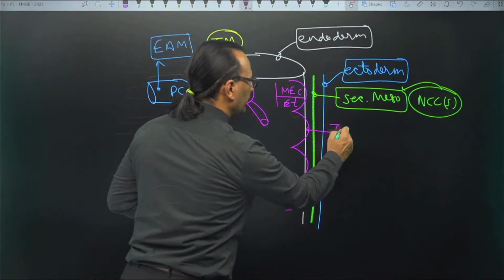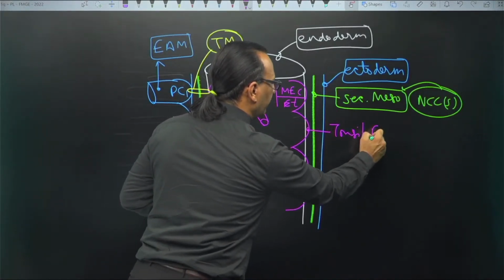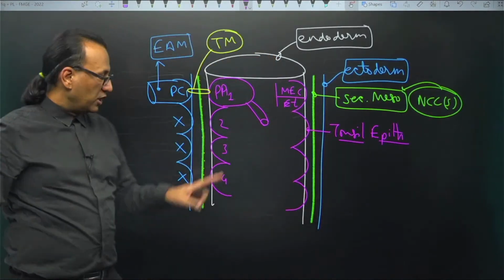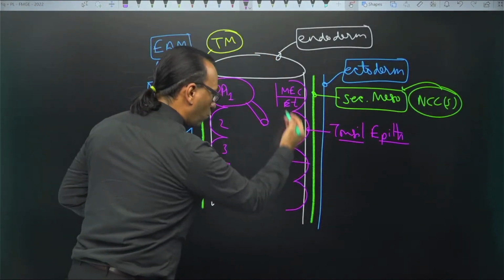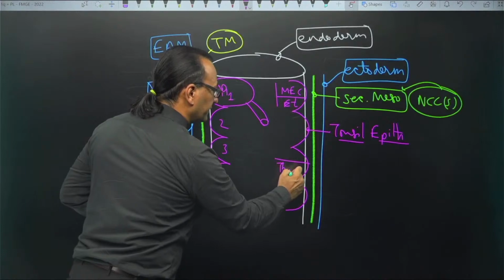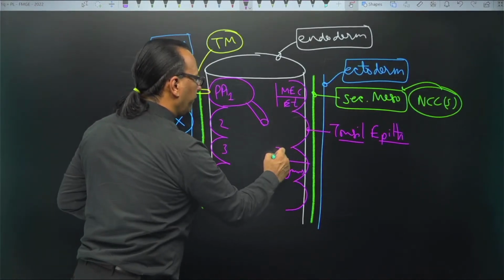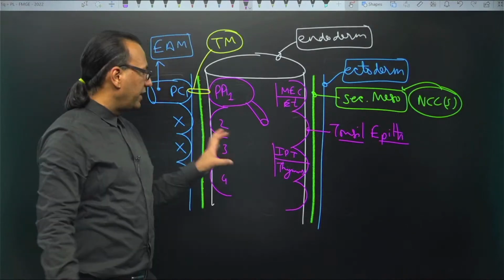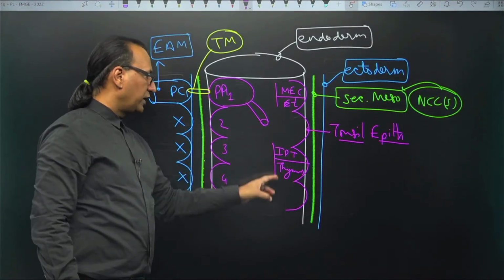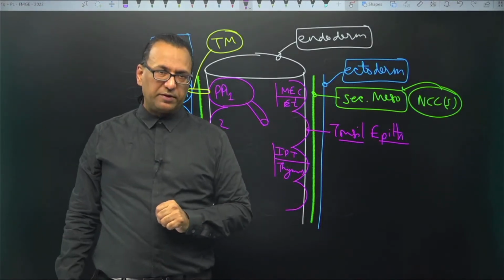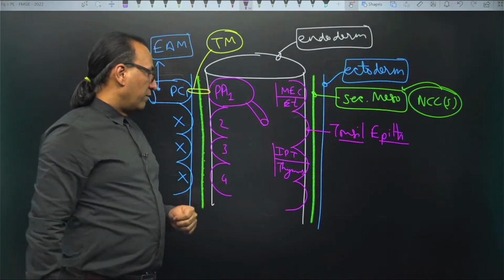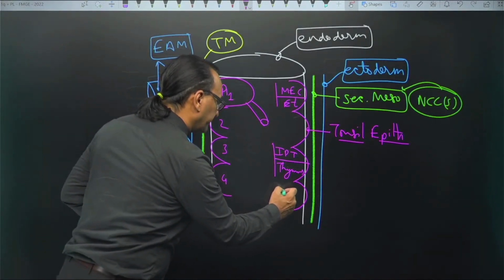We already mentioned tonsil epithelium is also endoderm and derived from pouch number 2. What about pouch 3? Pouch 3 is giving us ventrally the thymus and dorsally the inferior parathyroid. Be careful about this again, because the examiner may ask, pharyngeal pouch 3, what does it form ventral? The thymus. What is dorsal? Inferior parathyroid. What about pouch number 4? Pouch number 4 will give us the superior parathyroid.